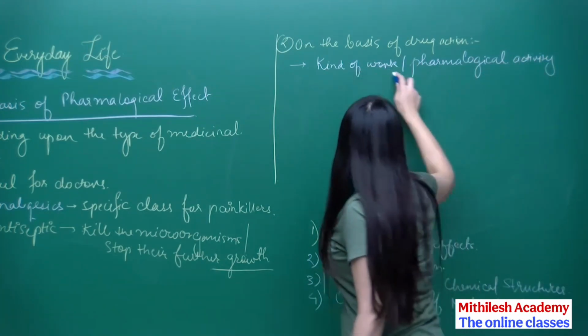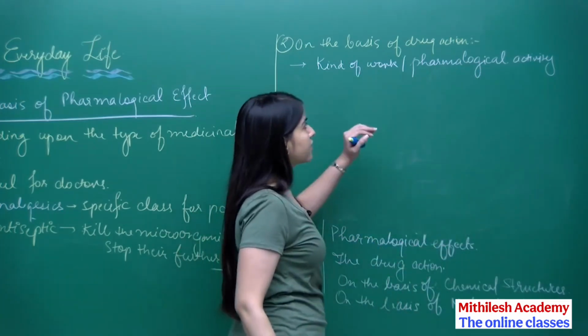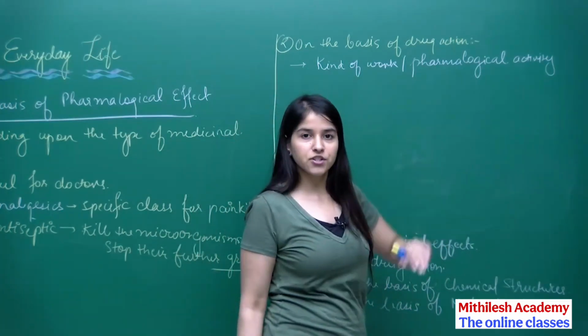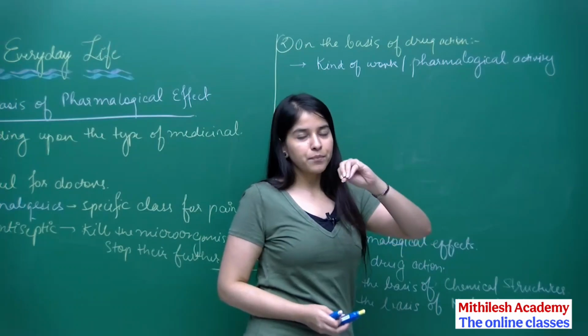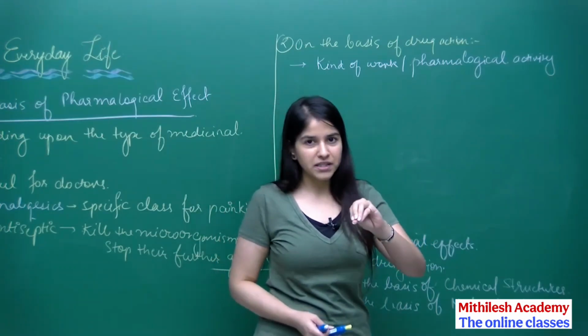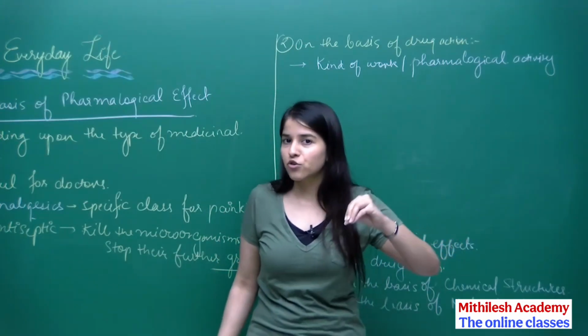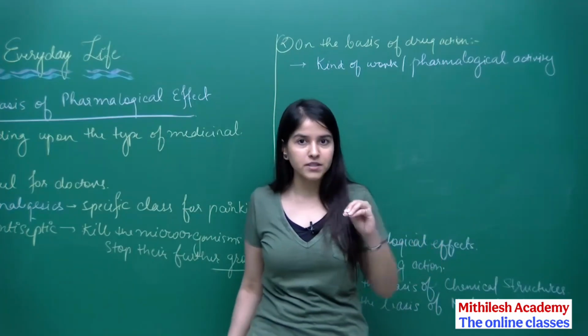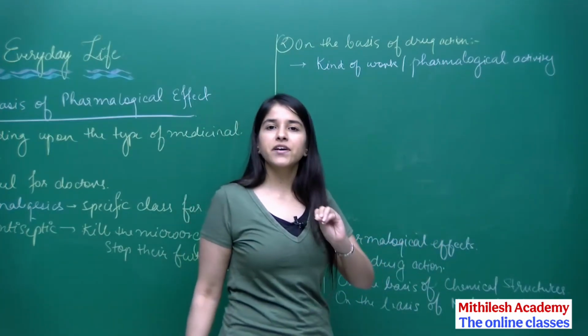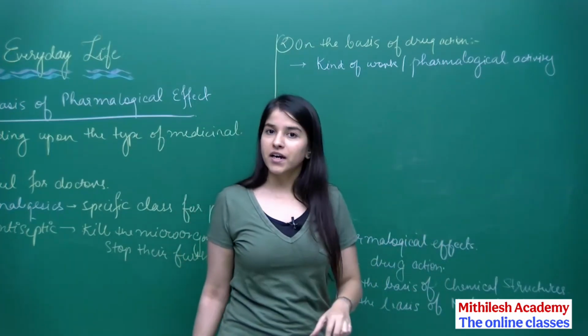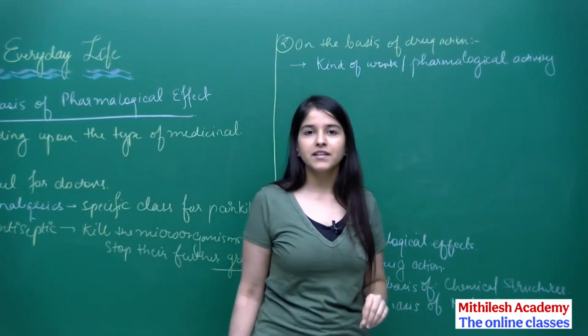If I've got a particular action of a drug, that means it is behaving in such a manner, it has got such a mechanism within the chemical process. So I'll be classifying that drug under the category of drug action. For that you have got an example.